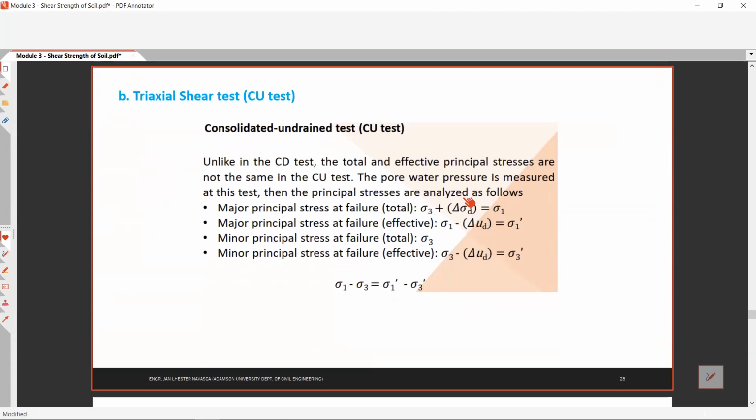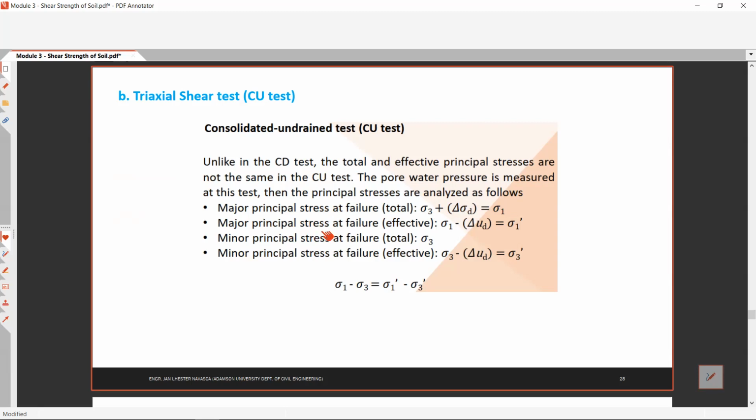So for the consolidated undrained test or the CU test, unlike the CD test, the total and effective principal stresses are not the same in the CU test. The pore water pressure is measured in this test, then the principal stresses are analyzed as follows. The major principal stress at failure is equal to sigma 3 plus your delta sigma D, or the deviatoric stress, that is equal to sigma 1.